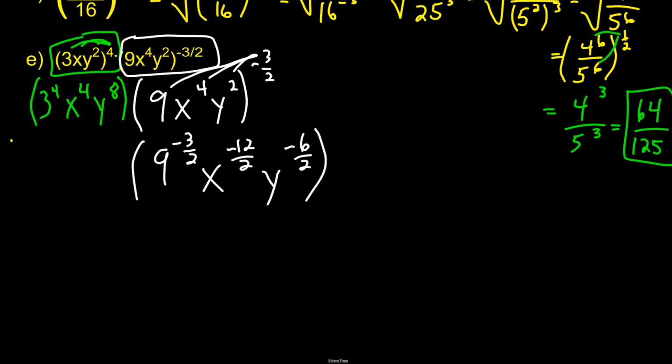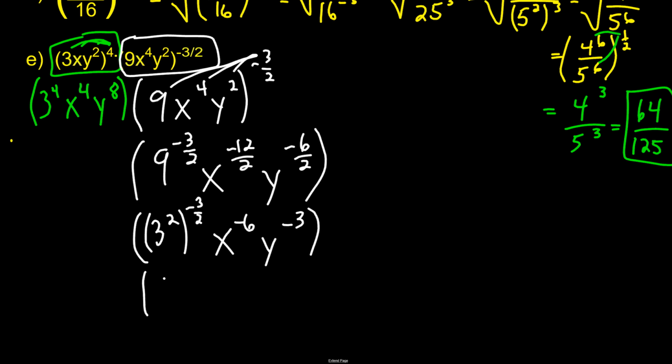All right. Well, 9 is 3 squared. So this is going to be 3 squared to the negative 3 over 2. This will be x to the negative 6 and y to the negative 3. And so this first part here ends up being, we do 2 times negative 3 over 2.